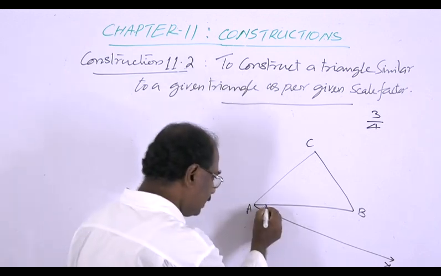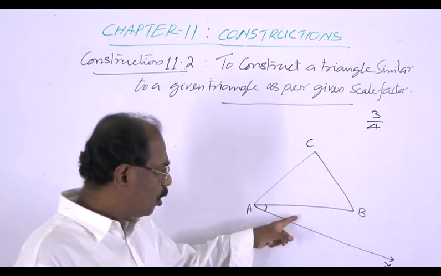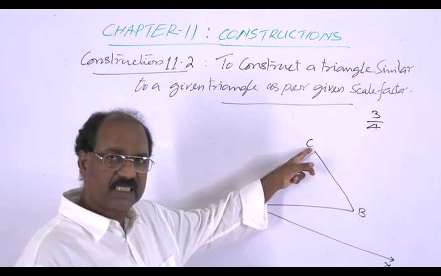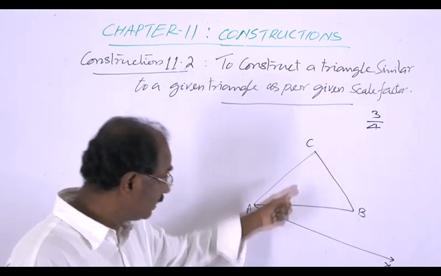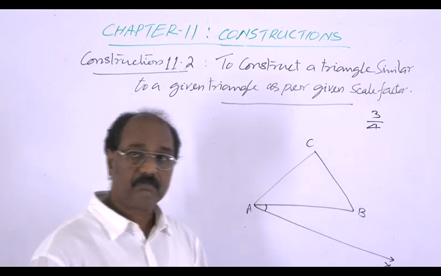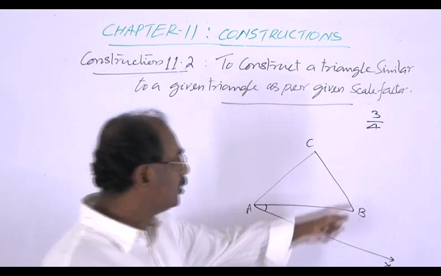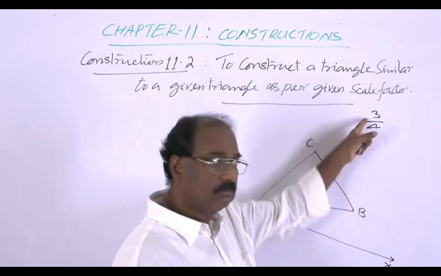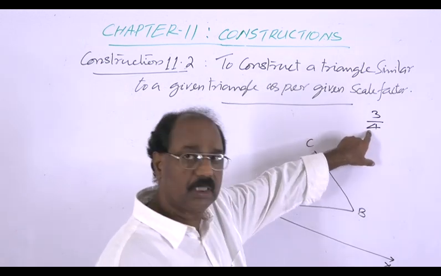Making an acute angle with the AB on the opposite side of this vertex C, that is, on this side. And then the ratio is 3/4. The larger of this 3/4 is 4, the denominator.